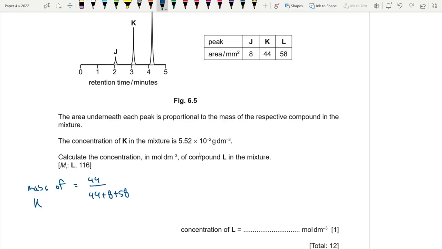Oh, it's just proportional to that, right? To the mass. So I don't think we need to do a ratio in the first place. Probably not. So okay, we don't need to do this, my bad. So they've said that the area is proportional to the mass.